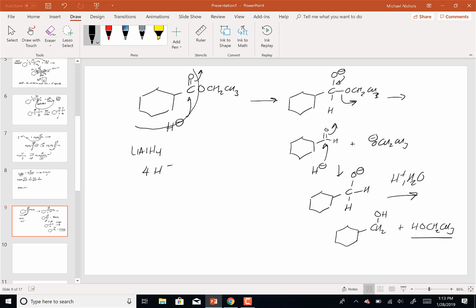By Friday, what we're going to find out is that if I wanted to take an alcohol and make an ester out of it, what I would do is react the alcohol and the carboxylic acid to make the ester and water, and I just need acid as my catalyst. So when we make an ester, this came from the carboxylic acid part, and this part came from the alcohol.